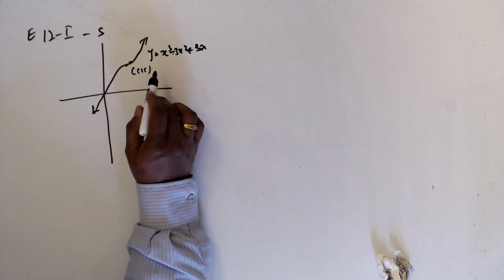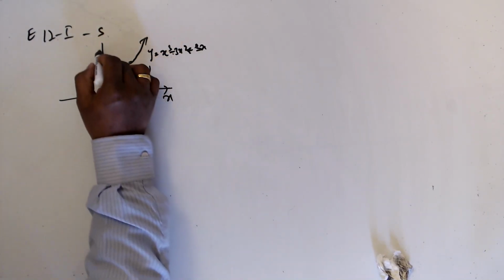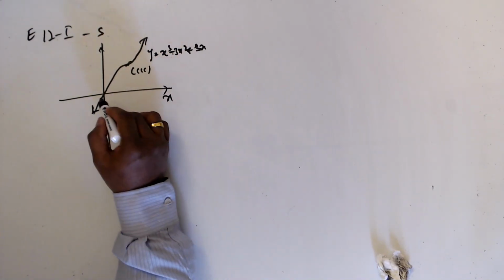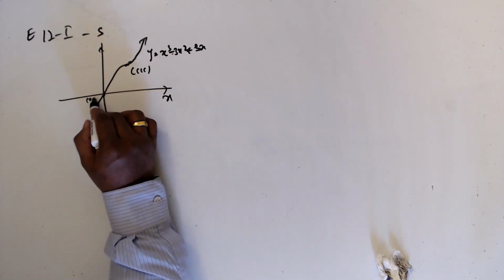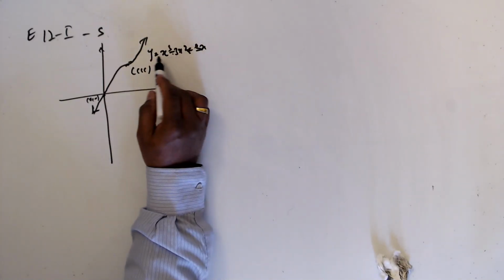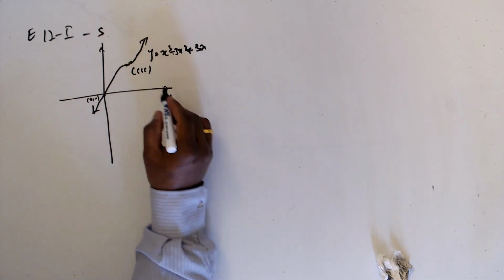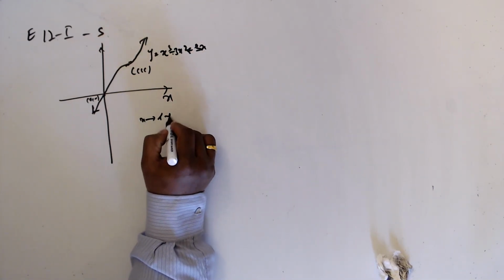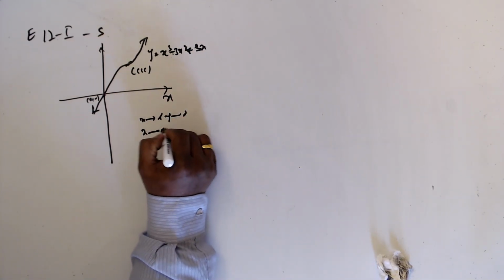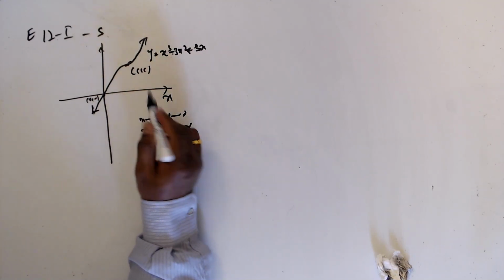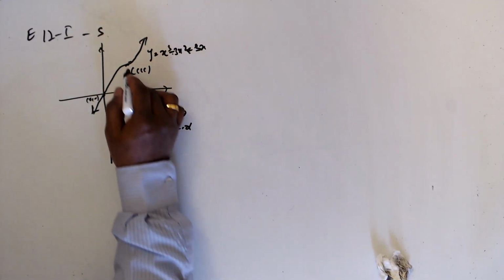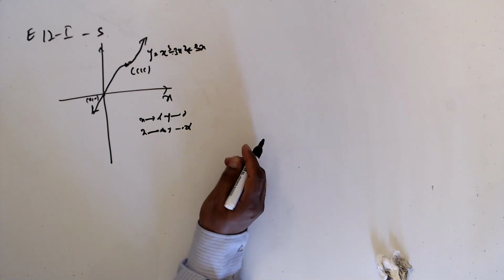So you'll get a curve like this. This goes through (1, 1), also (0, 0), because when x equals 0, y equals 0. As x goes to positive infinity, y goes to positive infinity, and as x goes to negative infinity, y goes to negative infinity, and that's basically all. So this is the point of inflection.